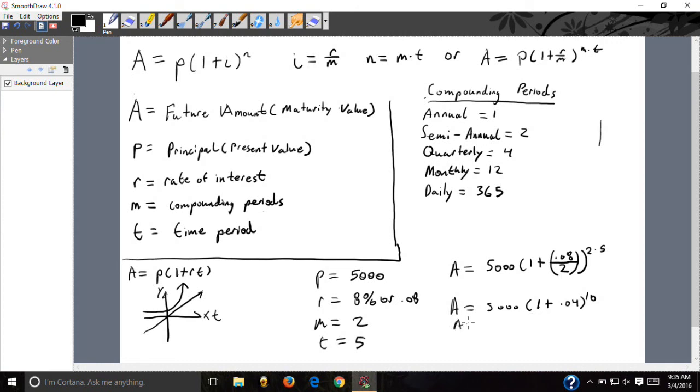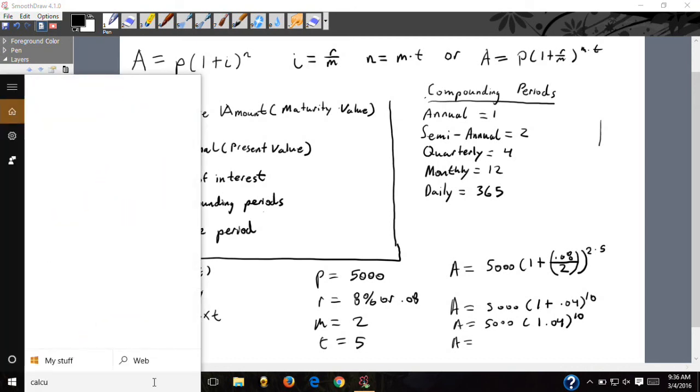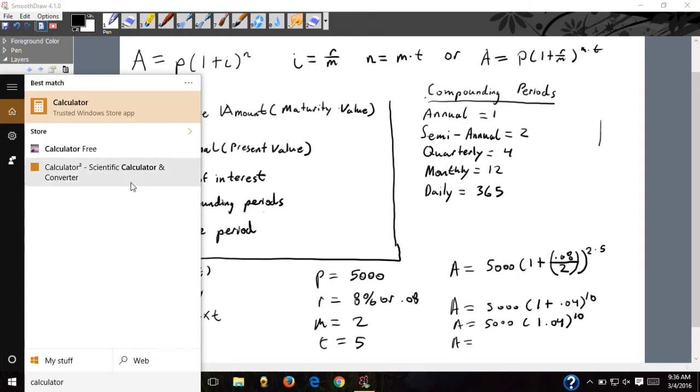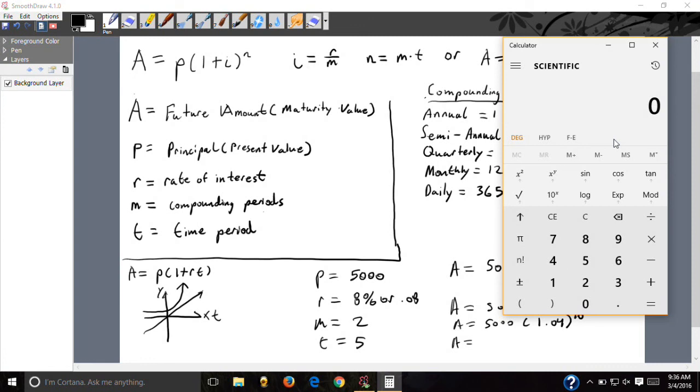So let's keep going with PEMDAS. 1.04, 1 plus 0.04, to the 10th power. Now I need to do this one first. This is to the power, so I need to get out my calculator. 1.04 to the 10th power.